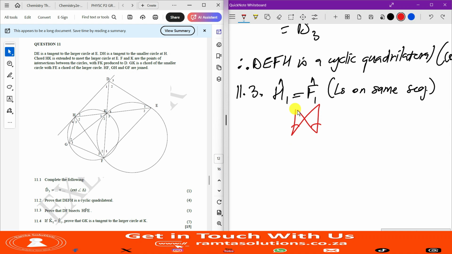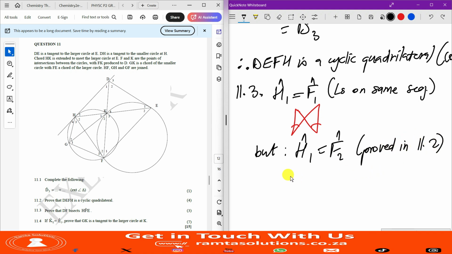So this is us saying angle H1 is equal to angle F1. But we said angle H1 is equal to angle F2, which we proved in 11.2. Therefore, this means F1 is equal to F2.